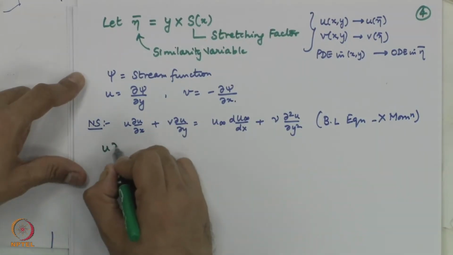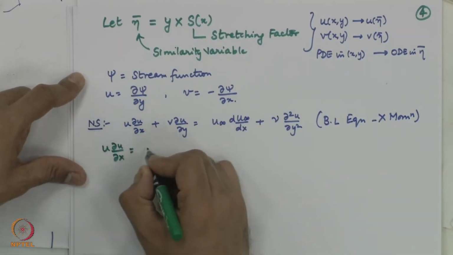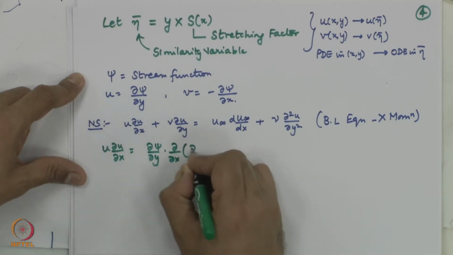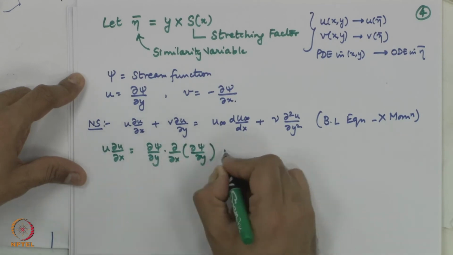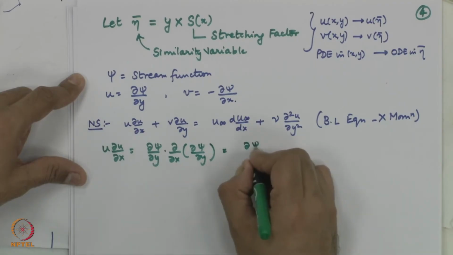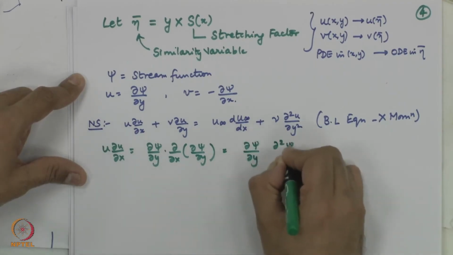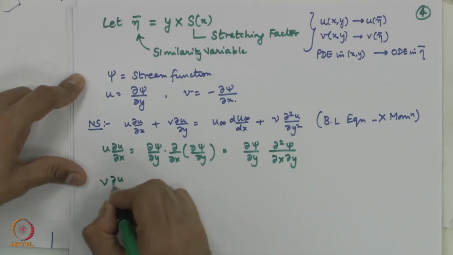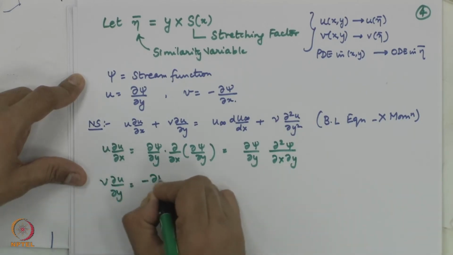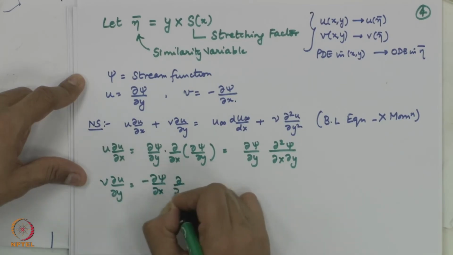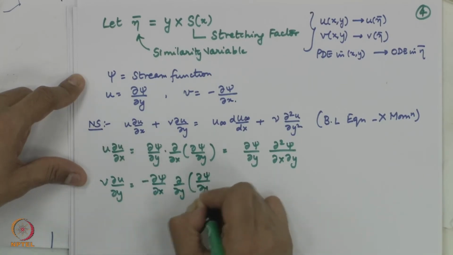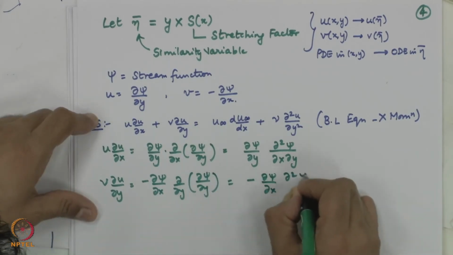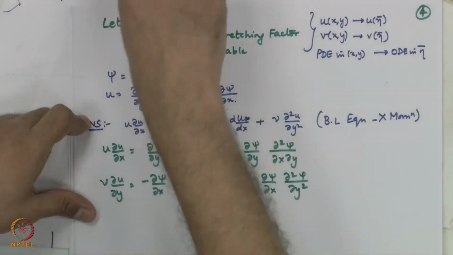So, u du by dx is nothing but d psi by dy, d by dx of d psi by dy, which is d psi by dy times d squared psi by dx dy. Similarly, v du by dy would be minus d psi by dx, d by dy of d psi by dy, which is equal to minus d psi by dx times d squared psi by dy squared.